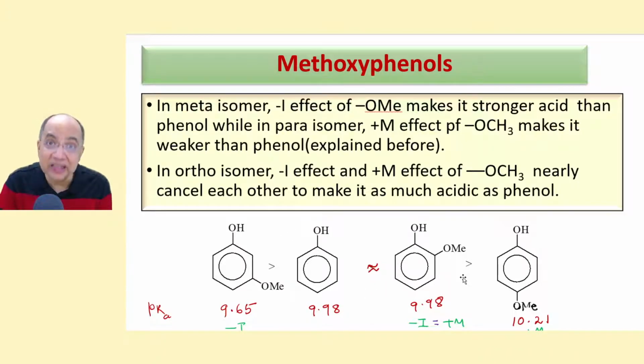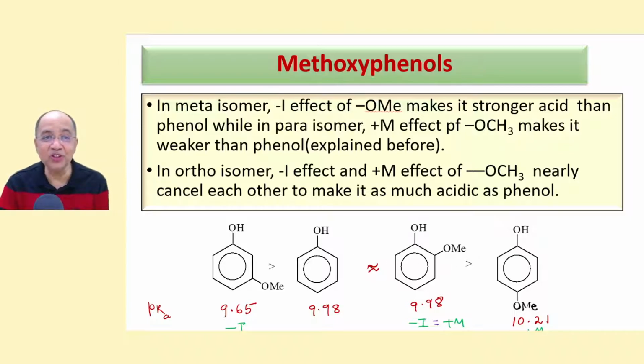But coincidentally, phenol and orthomethoxyphenol have identical acid strength. It is because the minus I effect of OCH3, being very close to OH, is also profound because the distance is very small, though of course predominantly plus M. They cancel each other.